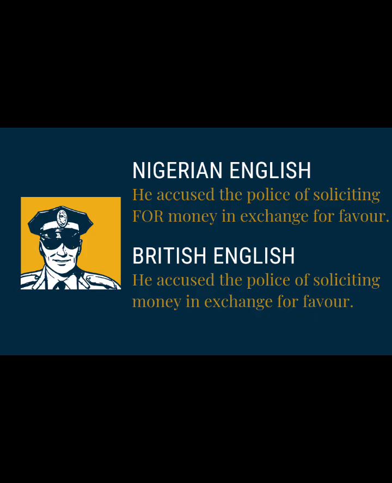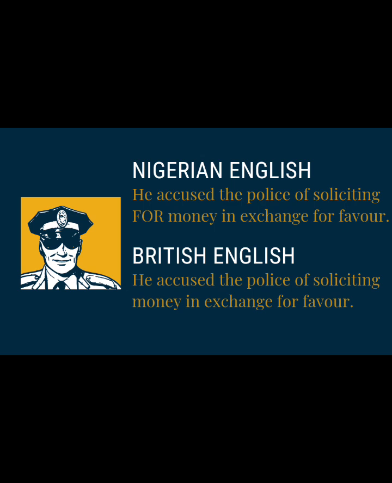Okay, another one is soliciting. The verb soliciting. In British English, it does not attract any preposition. In Nigerian English, it attracts the preposition for, and that's why you will have a sentence like he accused the police of soliciting for money in exchange for favor.